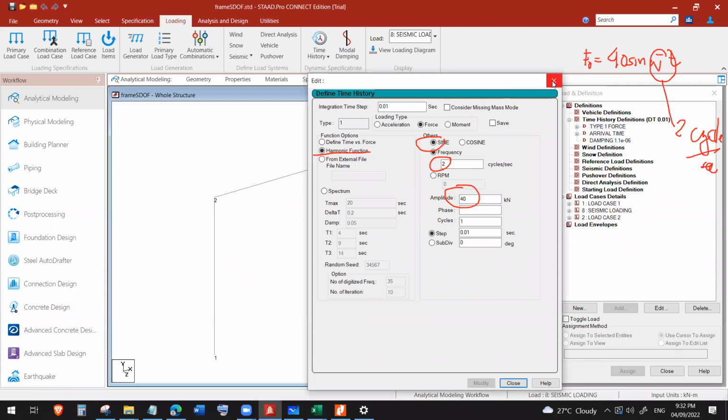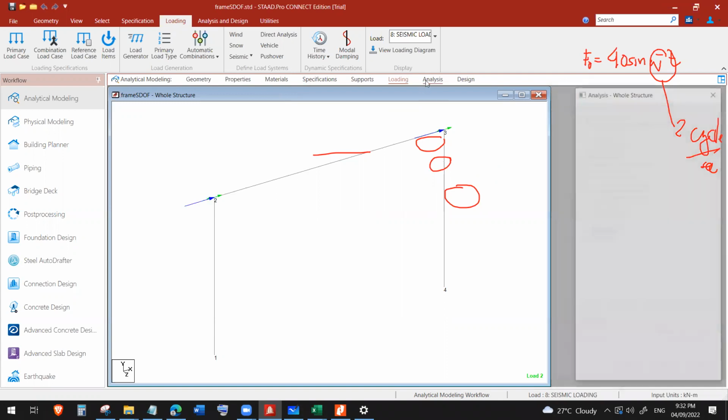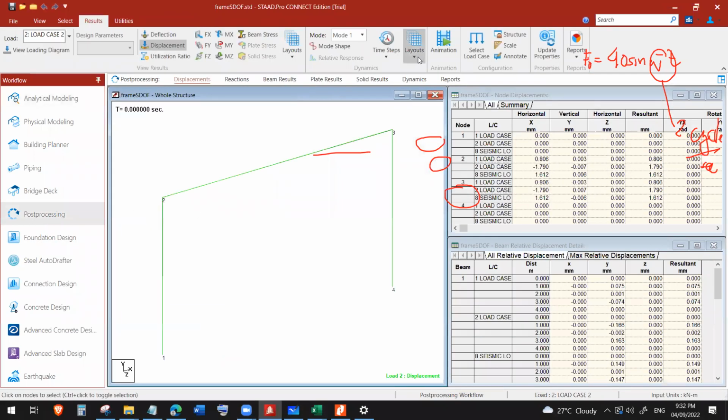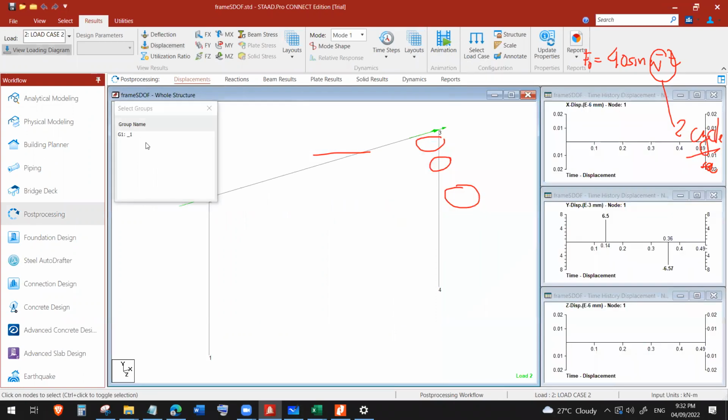And since we already know the period of this from the lecture, it's about 0.08 seconds. Applying this time history definition here and analyzing it, we have the resulting time history response displacement as this.